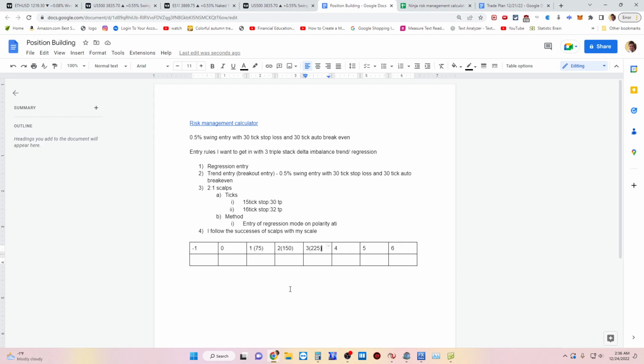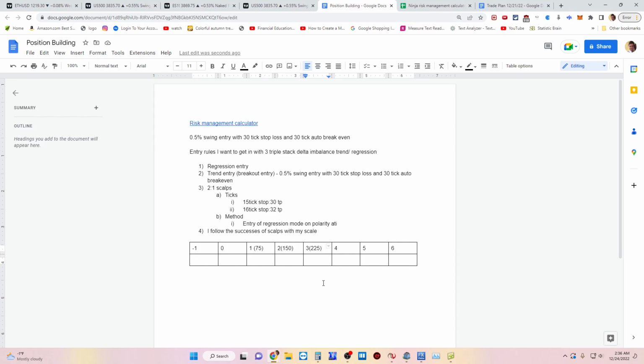The whole idea is to level up from a micro to a mini, and that's a 10x leverage compared to a micro. A micro is 1/10, and if I do 2 micros, it's still 2/10 of one mini.